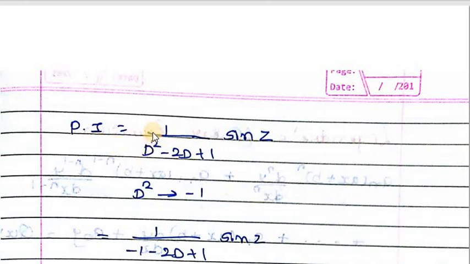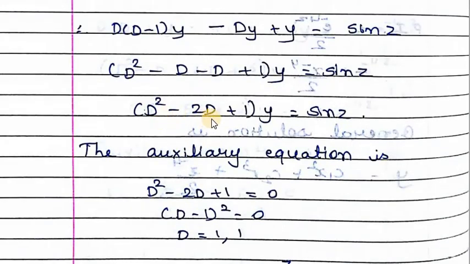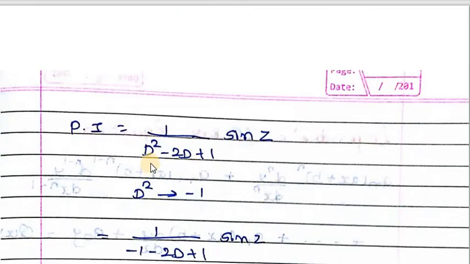The formula for PI is 1 over f of D, R of z. Here f of D is D square minus 2D plus 1, that is this one, and R of z is sine z. So we have 1 over D square minus 2D plus 1, sine 1z. Now this problem belongs to case number 2. The value of a is 1 and we have to replace D square by minus 1.